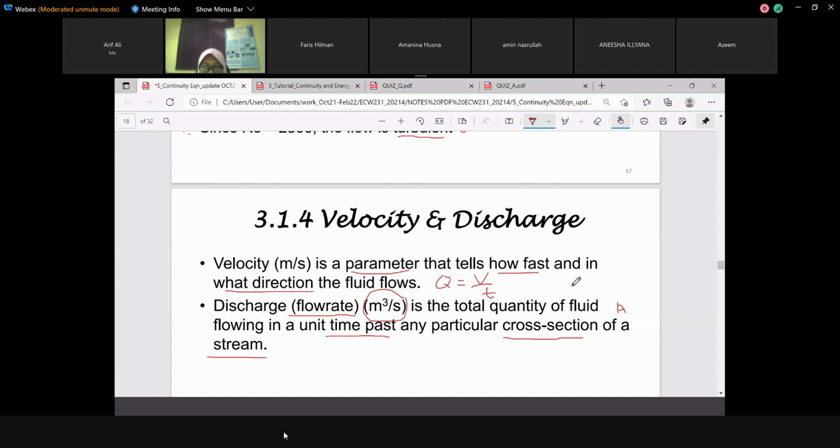So how we derive the formula, it can also be calculated in a particular cross section of a stream, which is area. So volume is area times length. Right, length, in meters, L, divided by time.